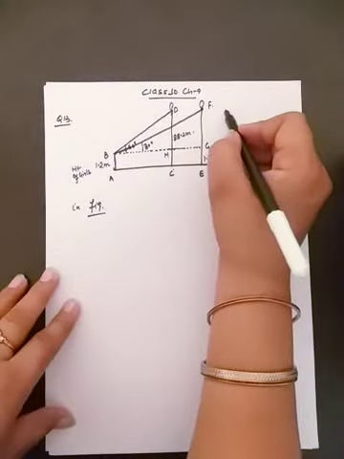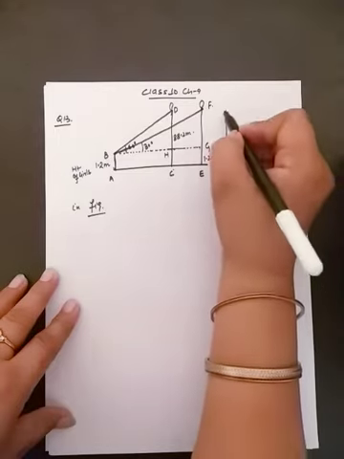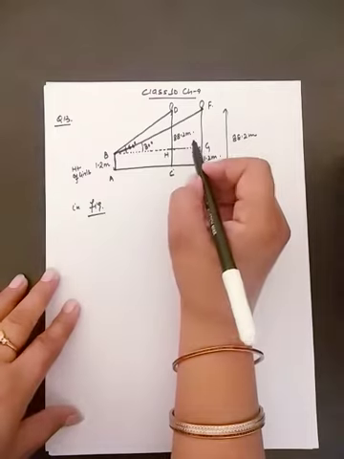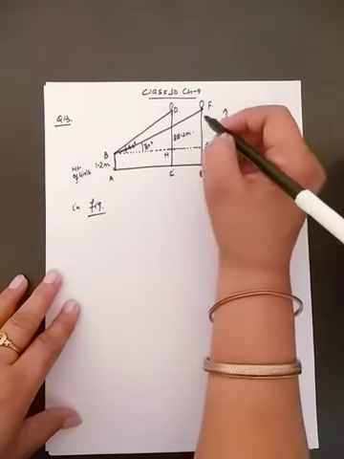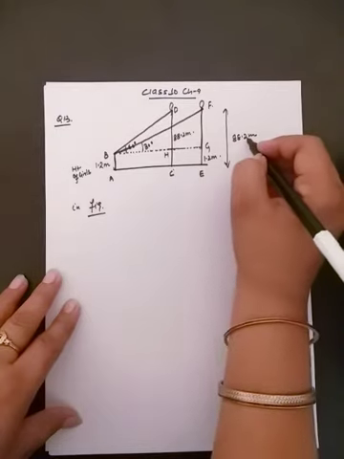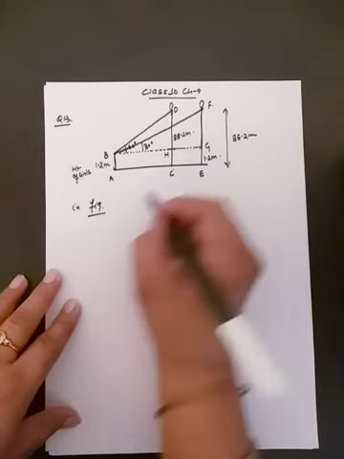and this complete height is 88.2 meter. So while applying the T ratios we must know GF. So GF will be 88.2 minus 1.2.